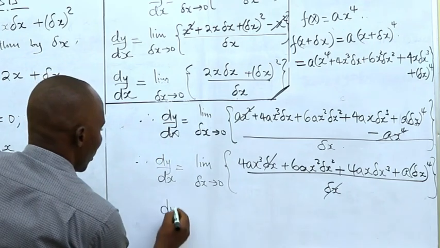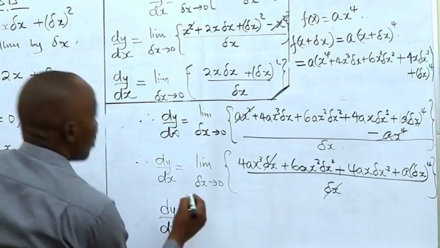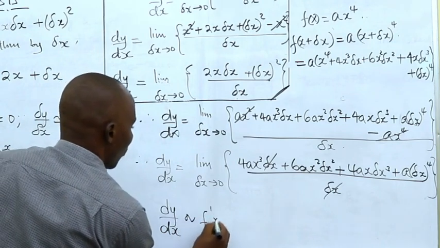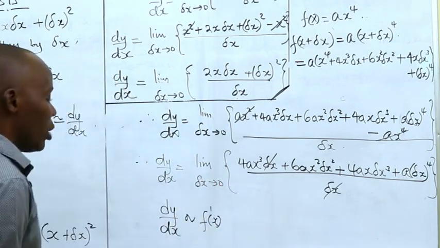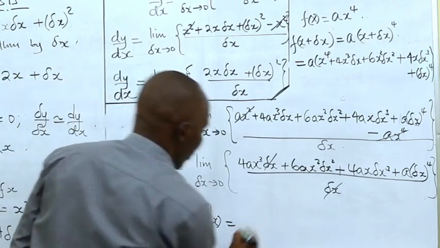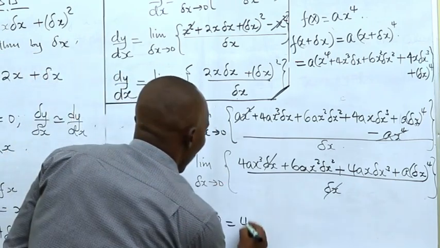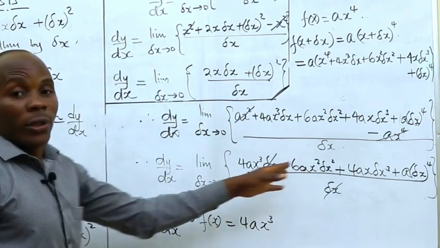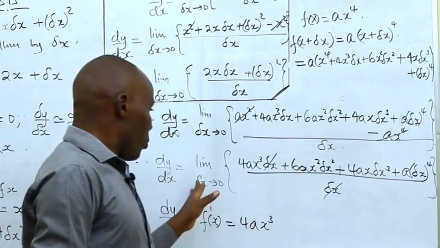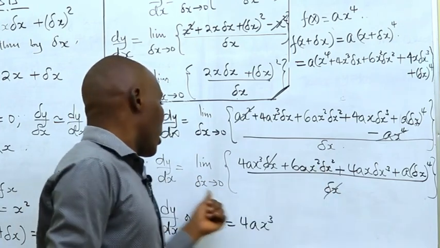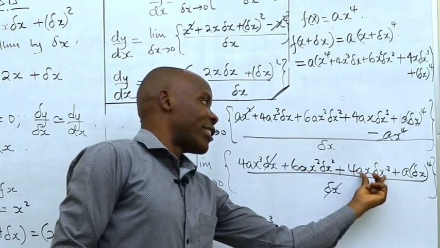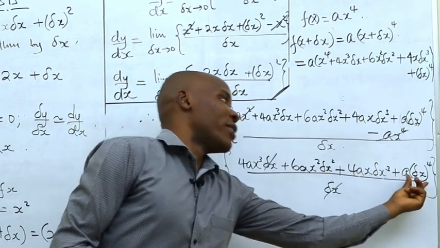Therefore, your dy dx or f prime of x, I said those two mean the same thing, is equal to 4ax cubed, because from here, if you divide, you remain with delta x here, delta x squared here, and delta x cubed there.